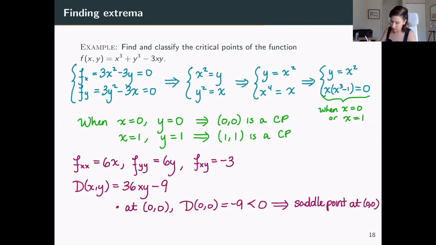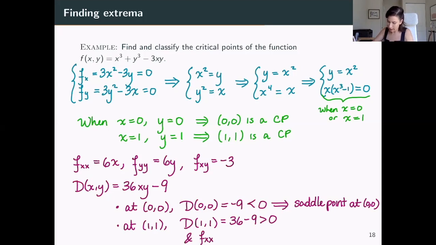So again, at the point 1, 1, we have that D of 1, 1 will be 36 minus 9, which is bigger than 0. And since we have something bigger than 0, we can note that fxx at 1, 1 is equal to 6, which is bigger than 0.